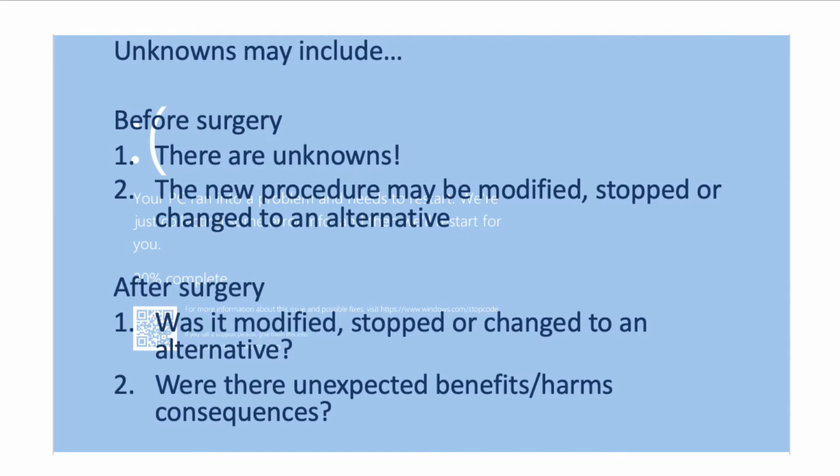We should also be honest that if unexpected things happen, we may have to modify, stop, or change to an alternative procedure. And of course, after surgery, we need to feed back and explain if we did modify, stop, or change to another procedure, and discuss any unexpected benefits, harms, or consequences that actually did happen.